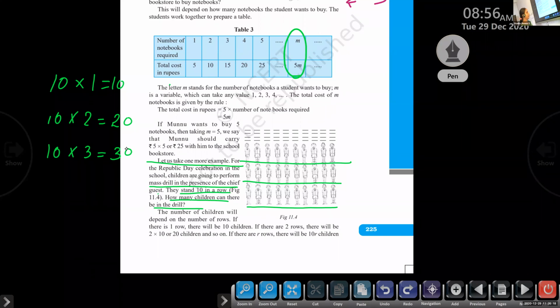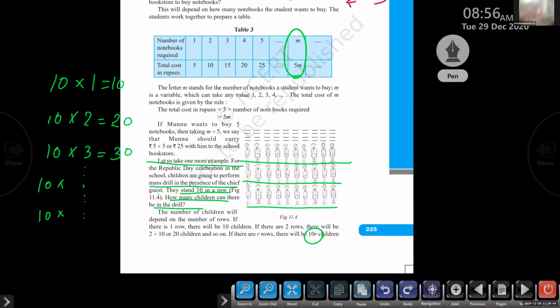Ma'am, 1, 2, 3, 4, etc. The number of rows. Isn't it? Yes, the number of rows. So here, this 10 is there always. 10 is there always, and the number of rows changes. Clear, children? Yes, ma'am.